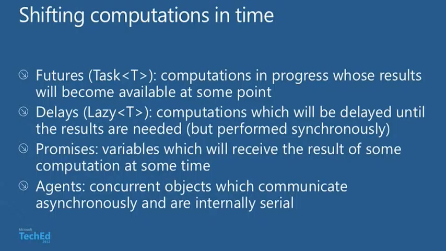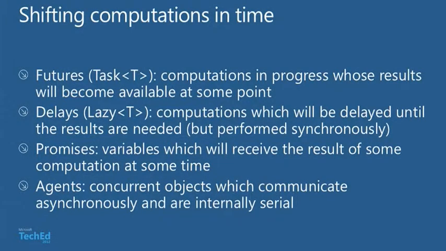So we've covered the language constructs for async and await, and I just wanted to highlight the options you've got for shifting computations in time beyond that raw task or async operation behavior. What we've been talking about today has basically been what a lot of people call futures and what .NET calls tasks.